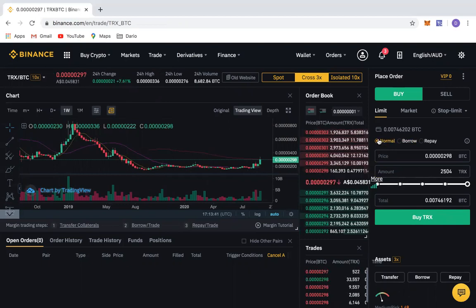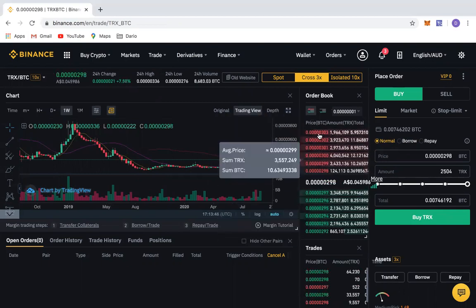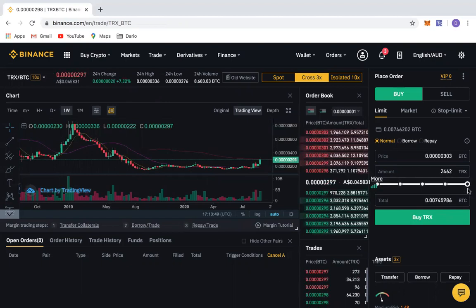That's an important thing. Make sure it's on normal. I've got my order books here. I can put in my price. I can buy 100%. That means 100% is 3 times the amount of what I had, because I've already borrowed, tripling my account size.